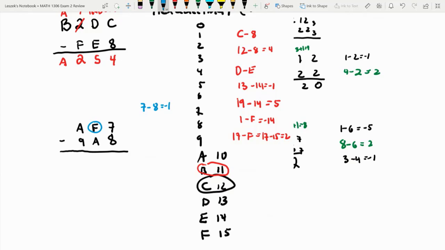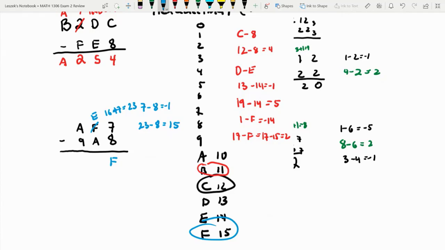F has value 15. So when we borrow, that becomes 14, or it becomes E. And when we borrow the base value of 16, so 16 plus 7 is 23. Okay, and then we have 23 minus 8 is 15, which in hexadecimal is denoted by digit F.